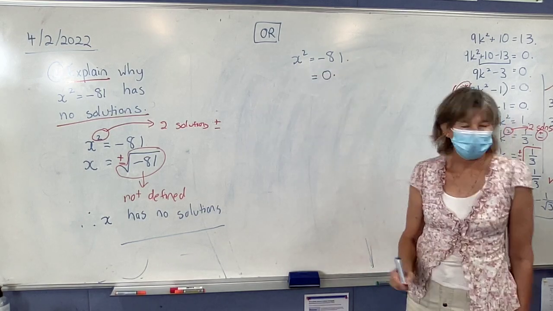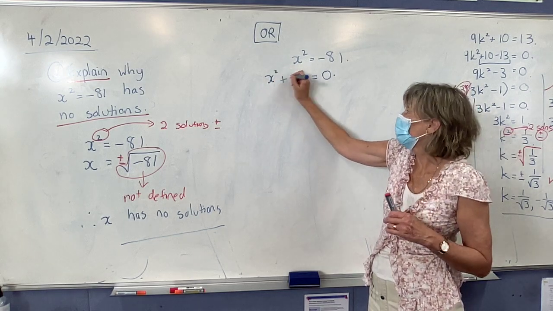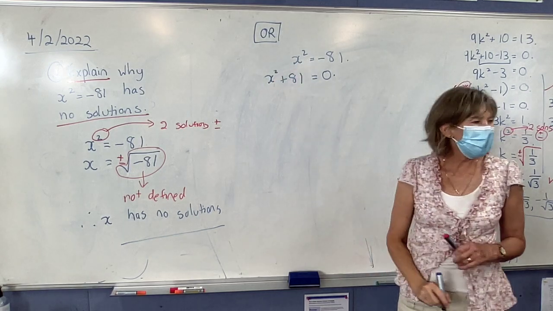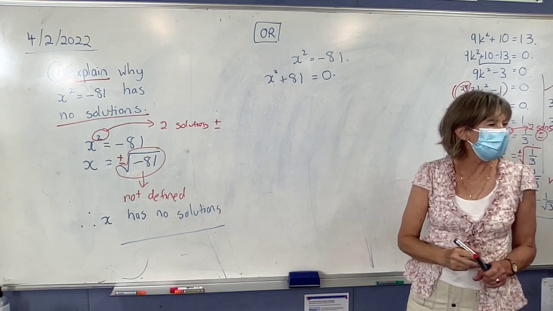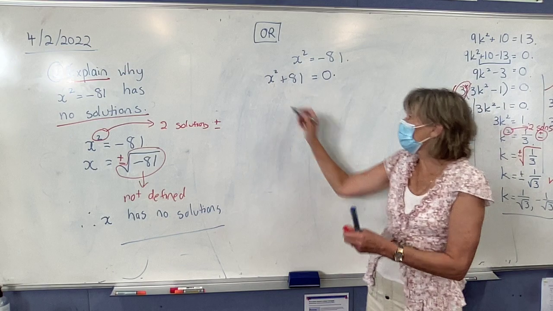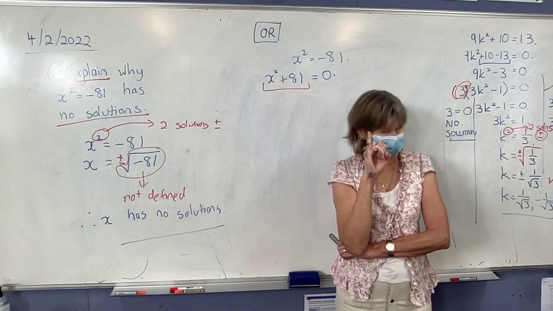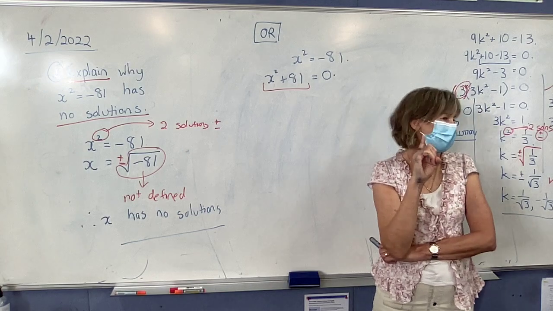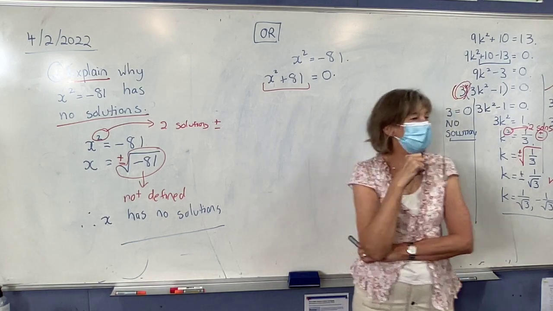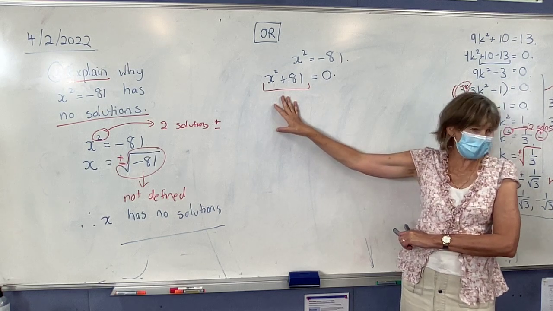So it'd be x squared plus 81 equals 0. Now, what's the problem with that? Let's start trying to factorise this. First method we try is, does it have a common factor? No. Second method we're going to try for this question will be difference of 2 squares.